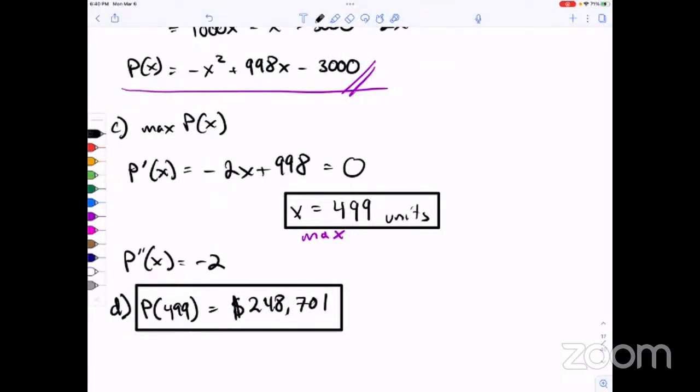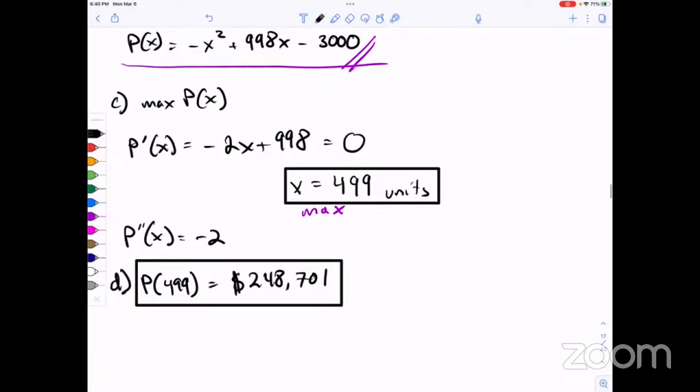What, divide this by 499? Yeah, we want the price per unit. So at this price and that many units, the price per unit is going to be 248,701 divided by 499, right? That should be it. So our lowercase p of x should be 248,701 divided by 499.